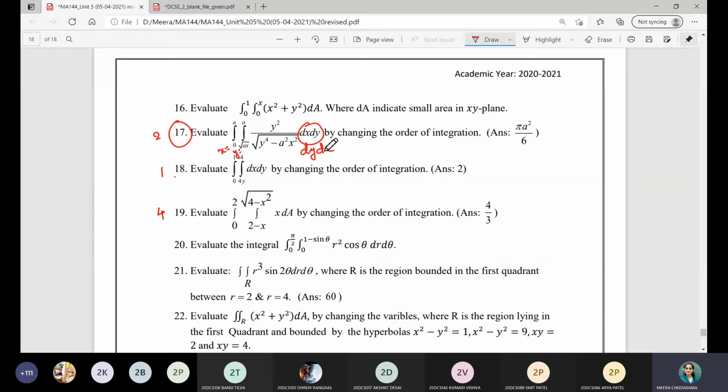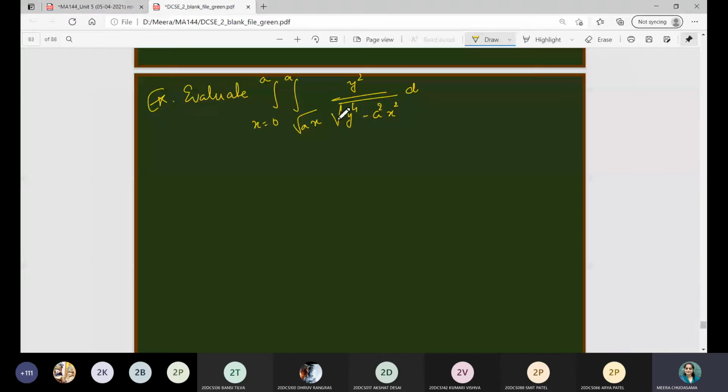Otherwise, you can keep in mind that the original order we are given is dy dx, not dx dy. Of course, we have to consider over here a greater than 0.